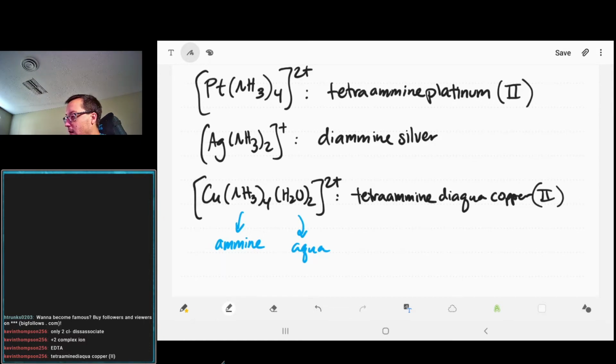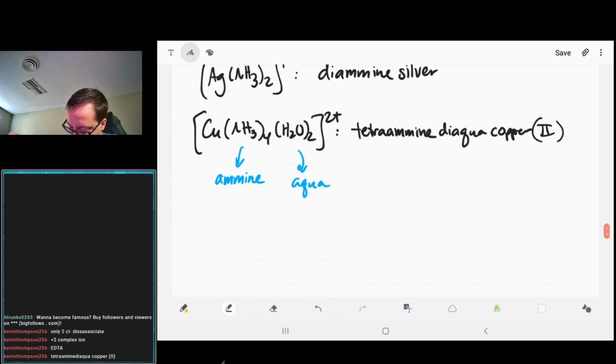Very nice. Let's see if there's other kind of good examples here. Actually, I have. Let's have a look. Let's do another couple of these. Old exam. Okay. Let's do this one.